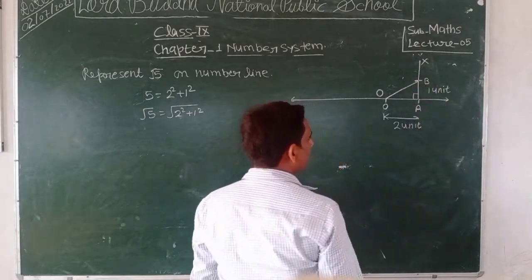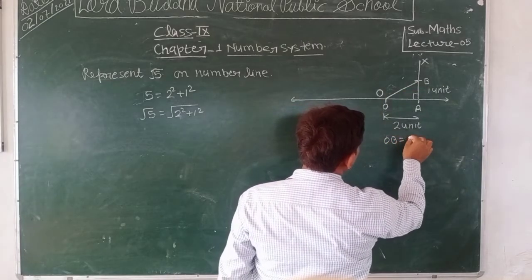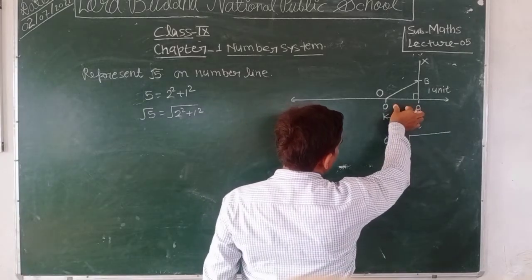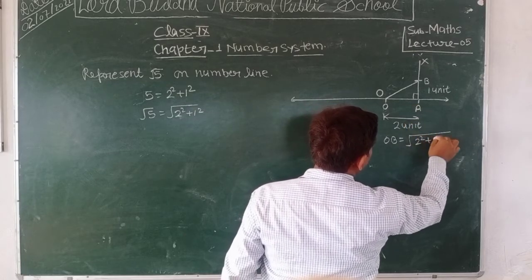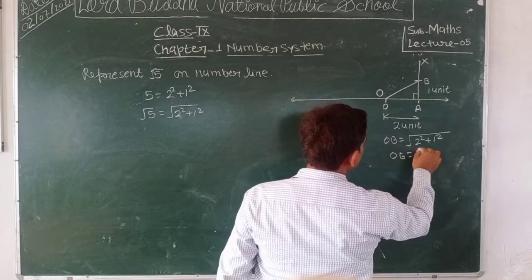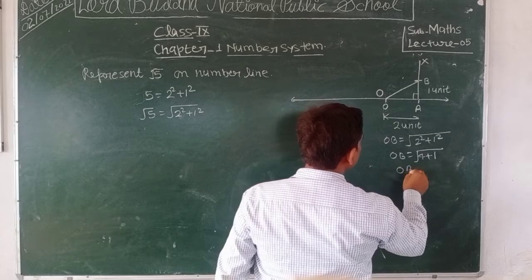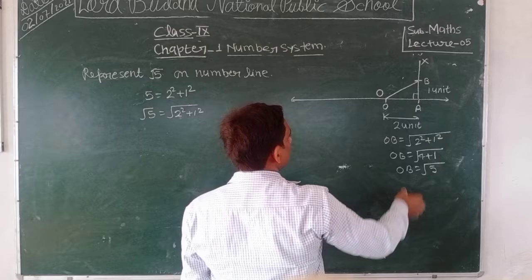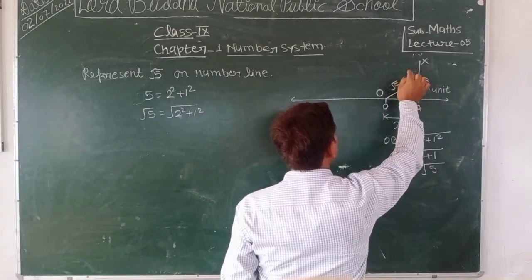Now, by Pythagoras theorem, we can find OB equal to the square root of base square plus perpendicular square, meaning 2 square plus 1 square. OB equals root of 4 plus 1. So OB equals square root 5. The length of OB shows root 5.